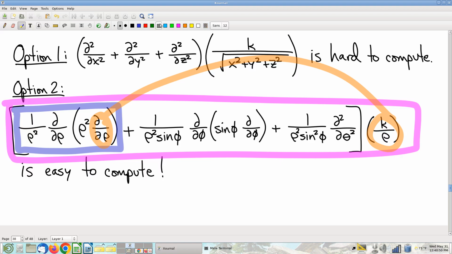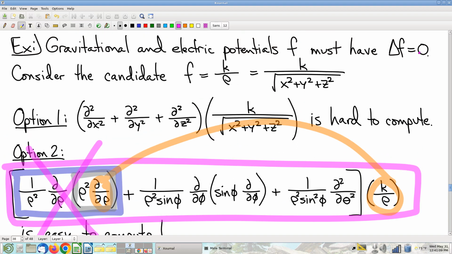And then when I multiply that by rho squared, I get just a constant. The rho squared and the 1 over rho squared cancel. And if that's a constant, then its rho partial is 0, and we're done. We have already confirmed, it's an easy calculation, that as desired, the Laplacian of this function is 0.